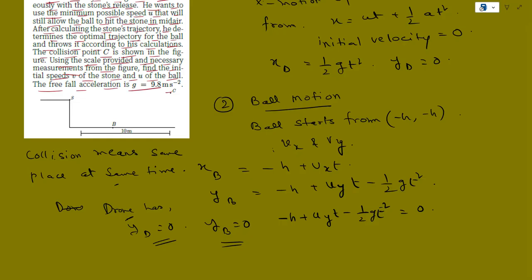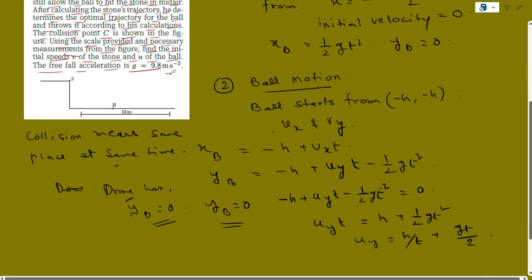Now, rearrange: u_y t is equal to h plus half g t squared. So u_y is h by t plus g t by 2. Beautiful. Vertical motion already gives us one velocity component, right?